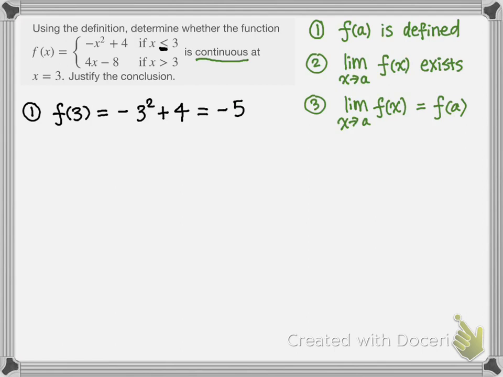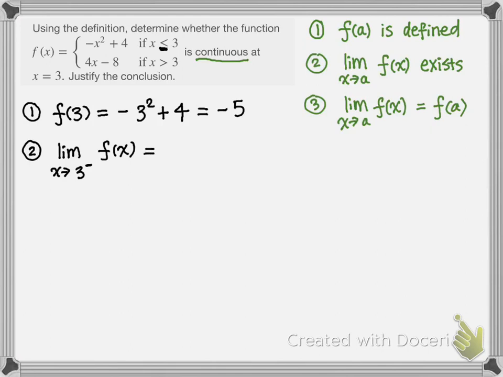Okay, so the second thing we need to check is whether the limit exists, and we are dealing with a piecewise function, so we have to check the one-sided limits. So the limit as x approaches 3 from the left of f of x, so x is a little bit less than 3.